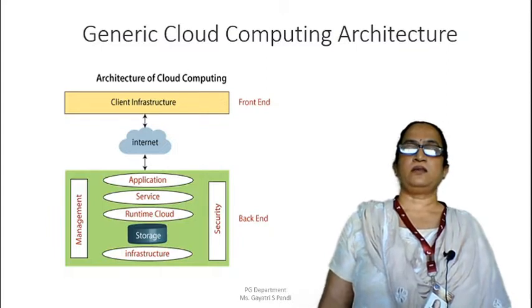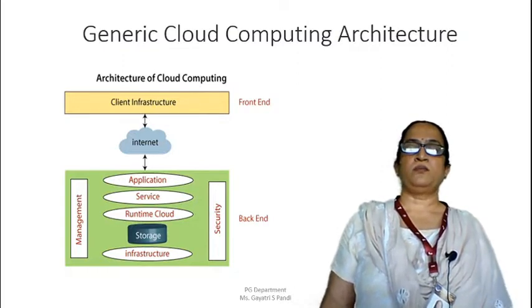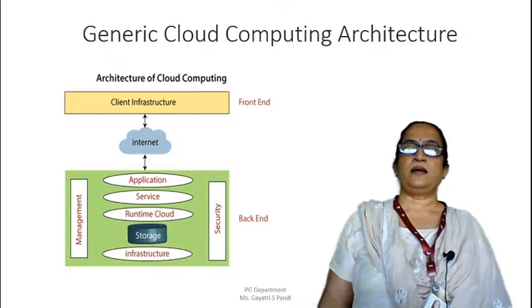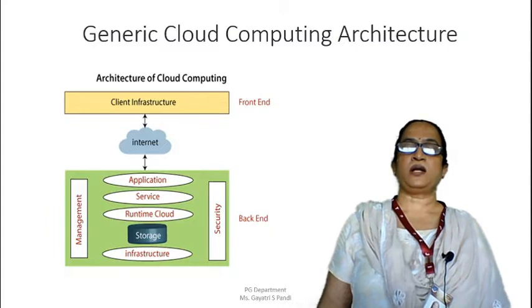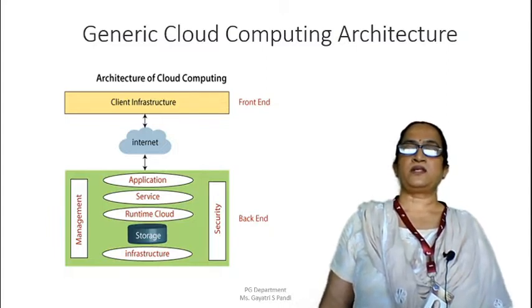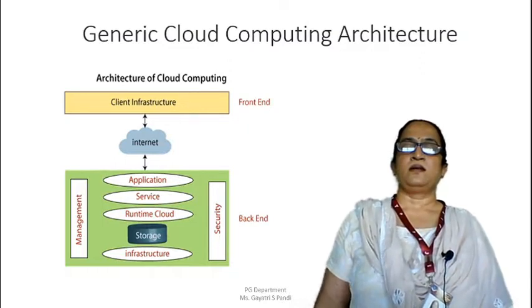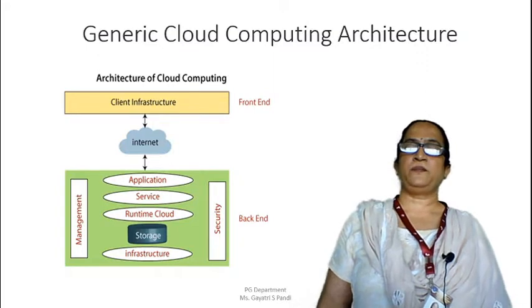Client infrastructure normally is a mobile, desktop or tablet machine. For example, if you want to access Facebook, you access it through your mobile, which becomes a client to the cloud, and Facebook set up on the cloud becomes the backend. The client infrastructure also has the GUI required to access the various services provided at the backend.